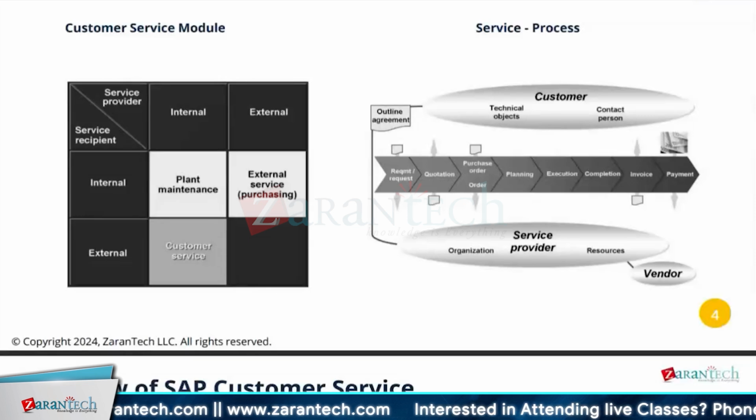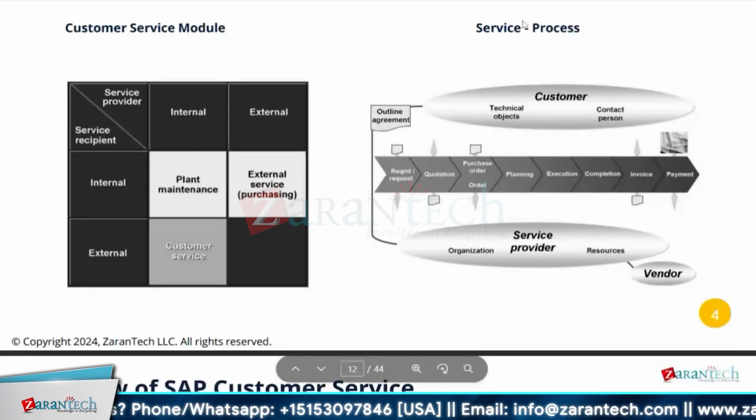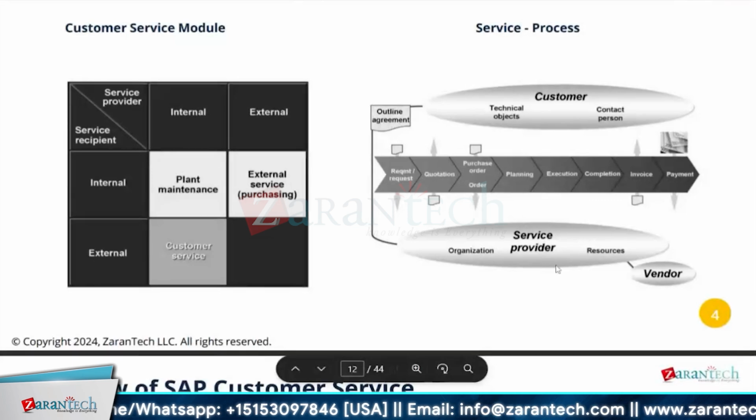In that scenario, the first section would be planning, then execution, then completion. Once the laptop is available, the service provider will send the invoice to the customer, the customer will make the payment, and then the delivery will be done. So this is the service process between the customer and the service provider.